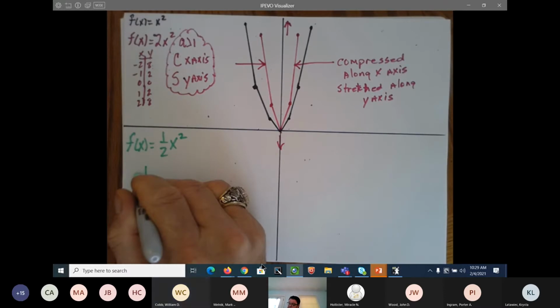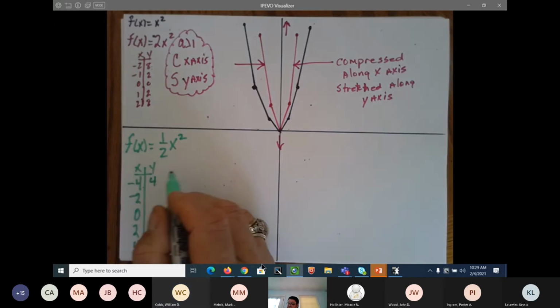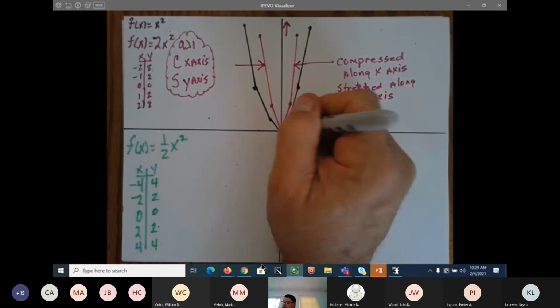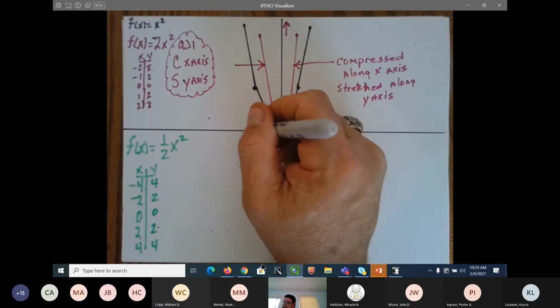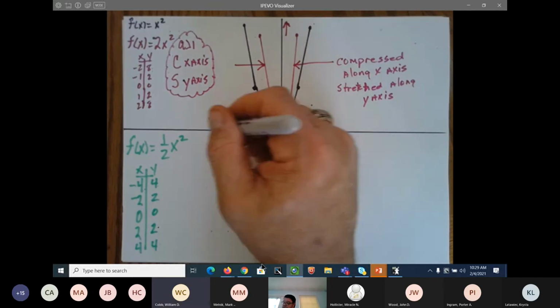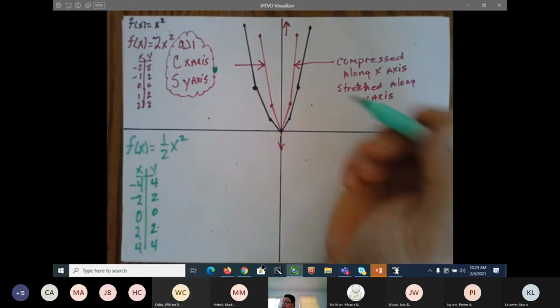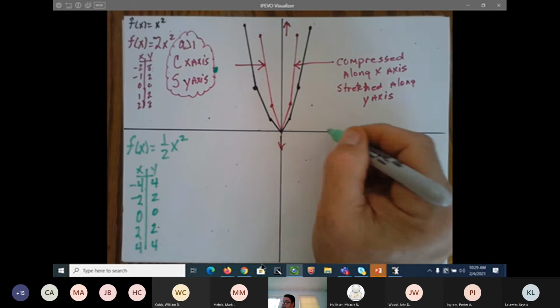Using -4, -2, 0, 2, and 4: -4 squared is 16, 16 divided by 2 is 8. Then -2 squared is 4, 4 divided by 2 is 2, and 0 gives 0, then 2 gives 2, and 4 gives 8.